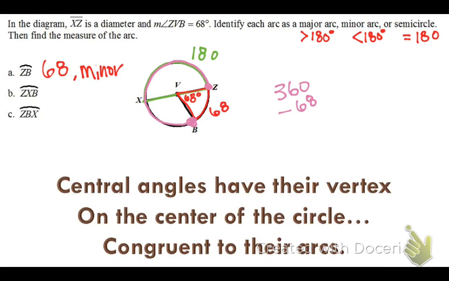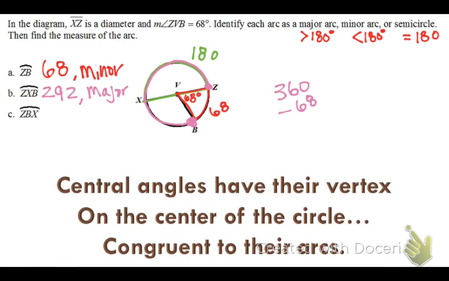Because a whole circle is 360. What kind of angle is this? Central angle. 360 minus 68 is 292, which makes it what kind of arc? Major.